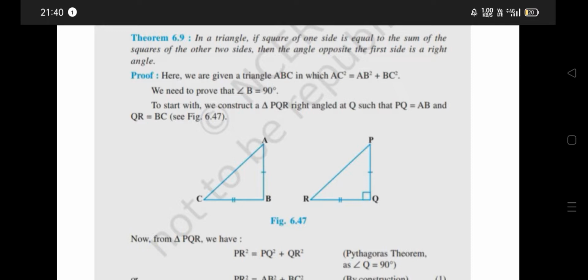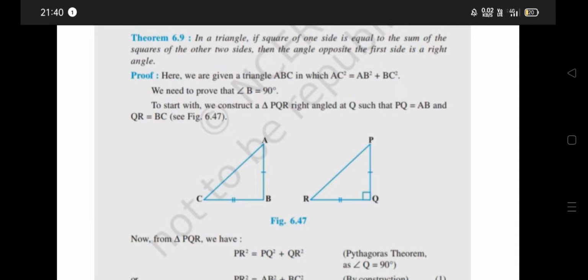We are given a triangle ABC in which AC square is equal to AB square plus BC square. Now we should prove that angle B is equal to 90 degree according to this given diagram. Now what we are going to do is, we already have a triangle ABC.